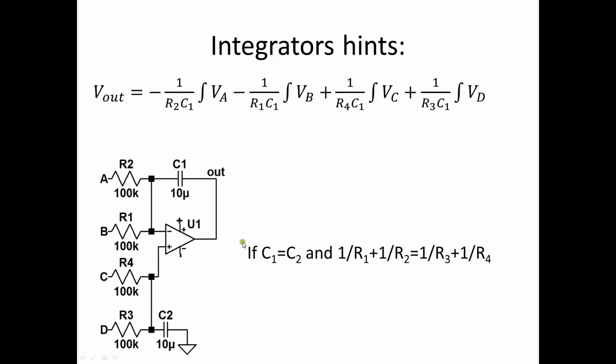We even have another hint, is that they can sum and subtract. So in this case, I'm subtracting and integrating VA and VB, but I'm adding the integral of the voltages at C and D. Now this equation will work out if I keep C1 equal to C2 and I keep these ratios.